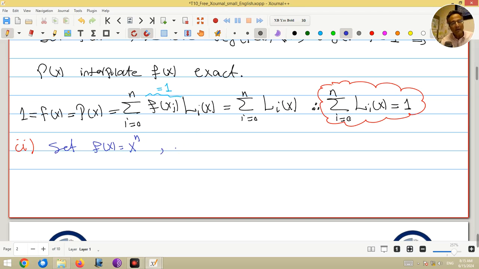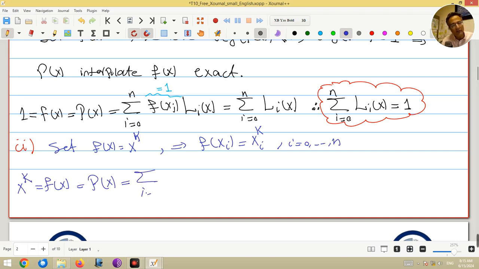So I can write, and this one gives f of xi equal to xi to the power of k for i equal to 0 to n, and I know that f of x, which was equal to x to the power of k, is exactly equal to p of x, and this is equal to the sum over i from 0 to n of f of xi Li of x.